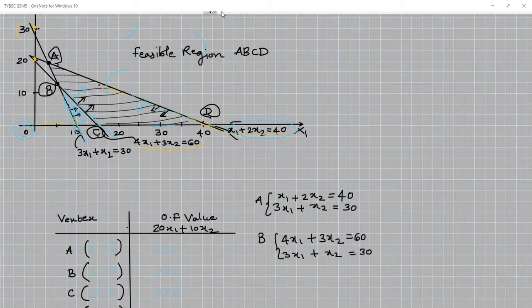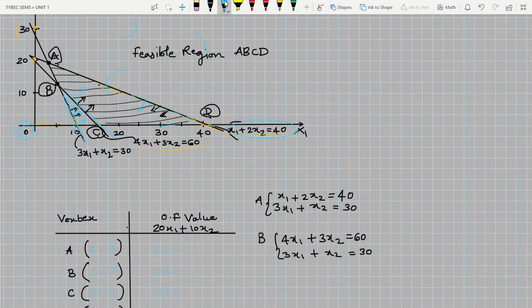Their point of intersection is A. Similarly, from the graph you can see that B is the point of intersection of this line, that is 4x1 plus 3x2 is equal to 60, and the other line, that is 3x1 plus x2 is equal to 30. So point B is the point of intersection of these two lines.